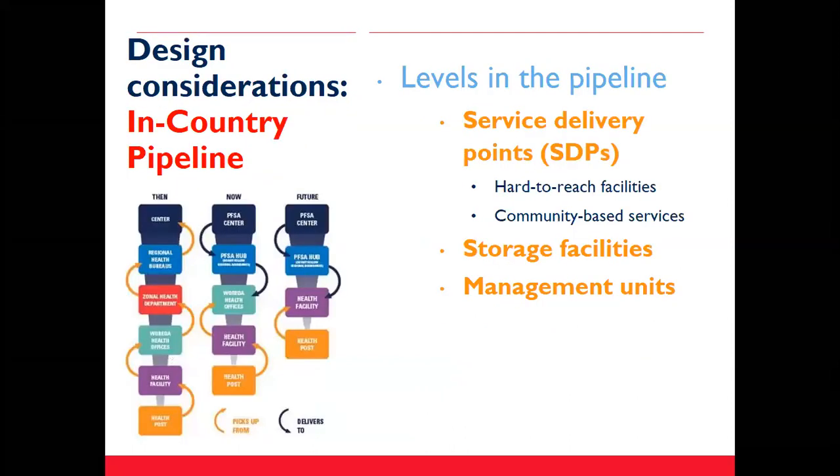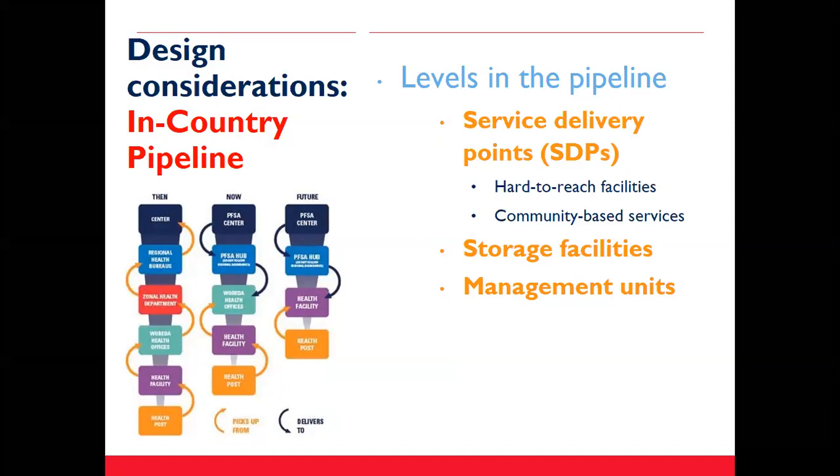Let's think about pipeline. Once you have considered the volumes and requirements of the products you are managing, then you can look at the overall structure of your pipeline. First, identify the service delivery points through which clients receive the products. Where do your clients get their products?